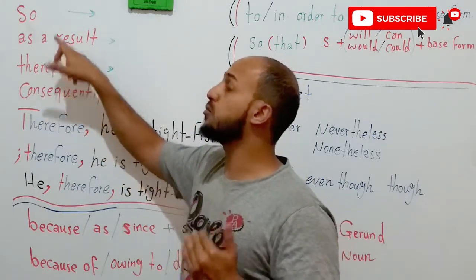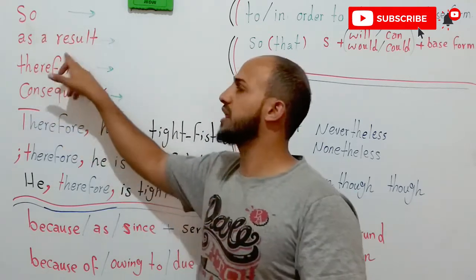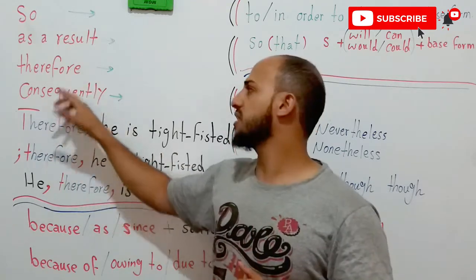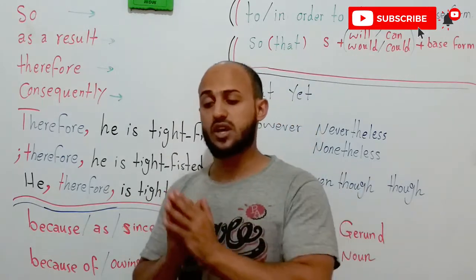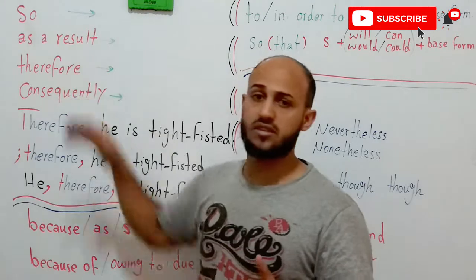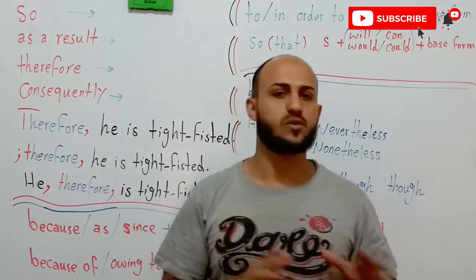As a result is more formal than so. Therefore is more formal than as a result. Consequently is more formal than therefore. It depends on you, guys. If you want to use formal language, you can use any of the 3. If you want a very formal one, you use the word consequently.